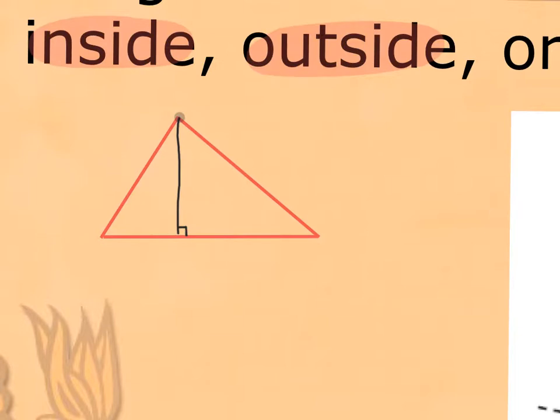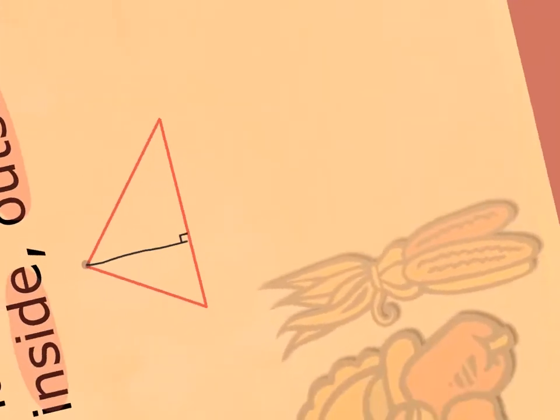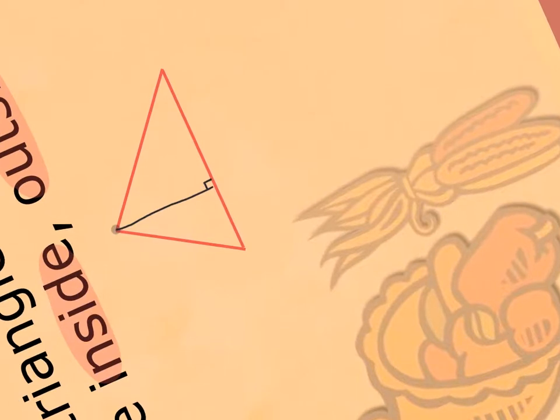And then I'm going to rotate my triangle around, and I'm going to look at the other vertex, which is here, and I'm going to draw, again, a line so that it's perpendicular to the opposite side, which would be about there.